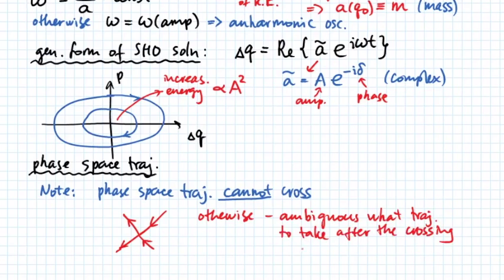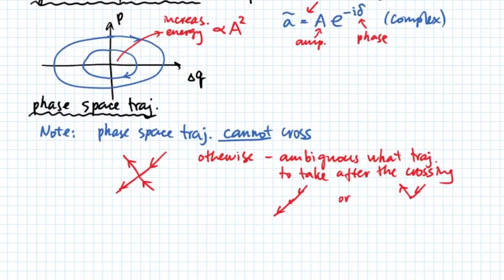For example, you could imagine a trajectory going like this, or a trajectory going like this. Since the solution to the equation of motion is unique, we cannot allow that to be the case.